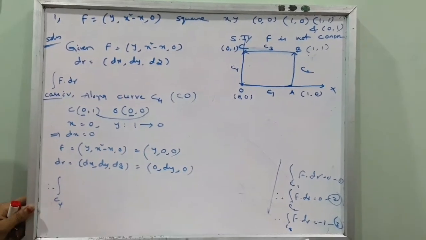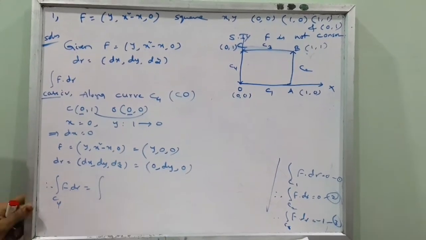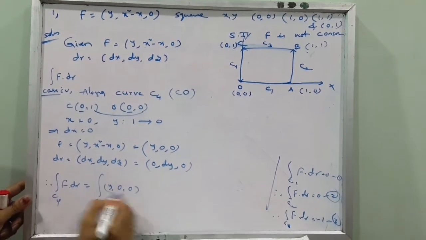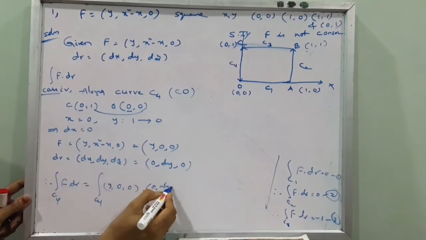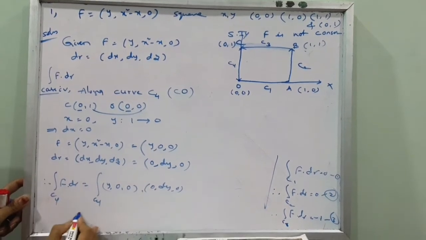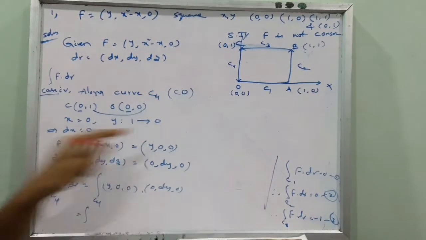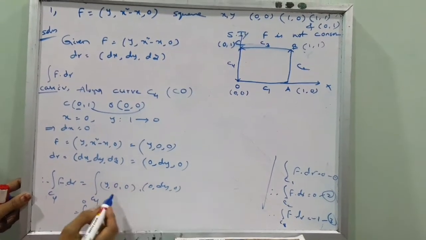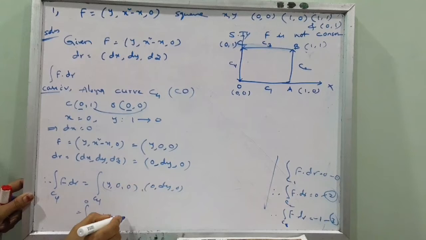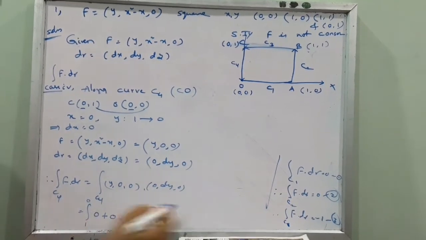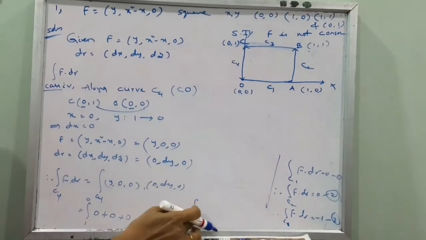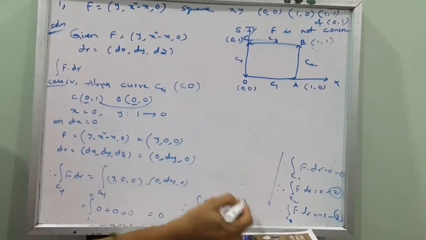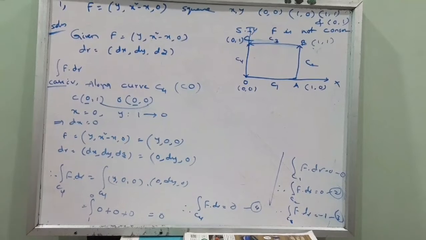Therefore, the integral along C4 of f dot dr, with limits 1 to 0, is y dot 0 plus 0 dot dy plus 0 dot 0. The total term will be 0. Therefore, the integral along curve C4 of f dot dr is 0. This is equation 4.